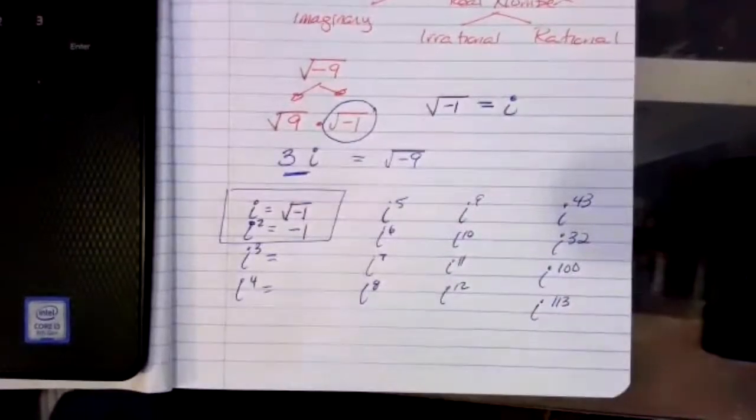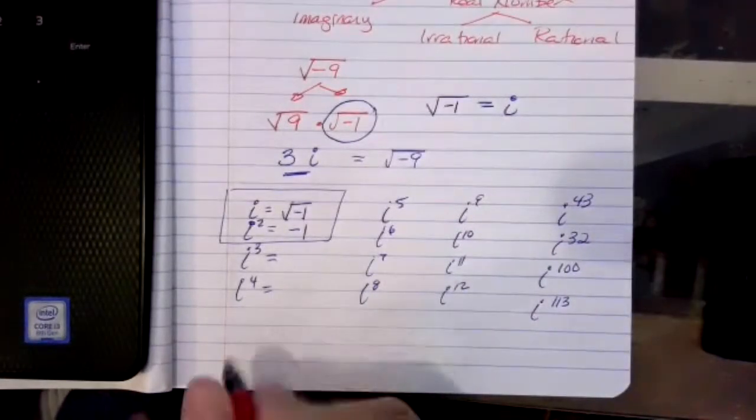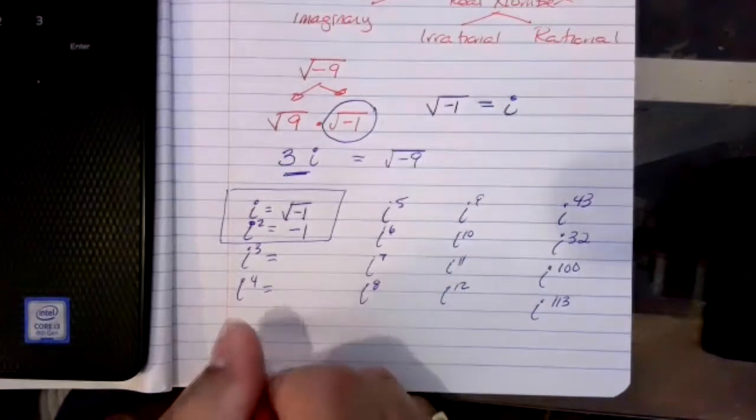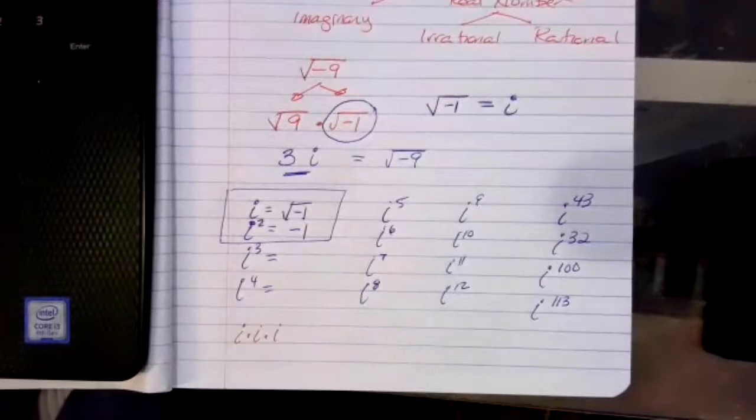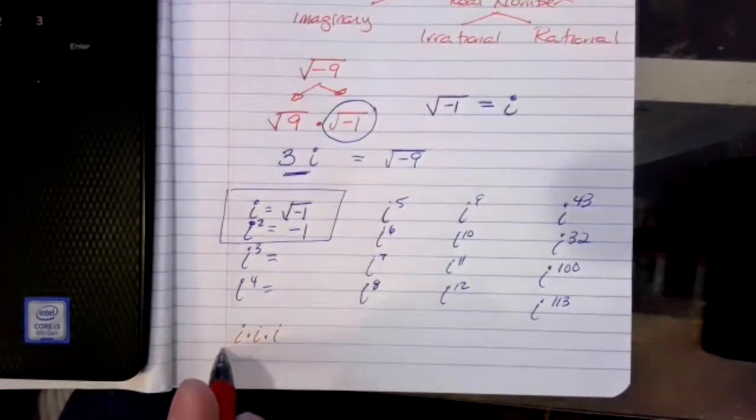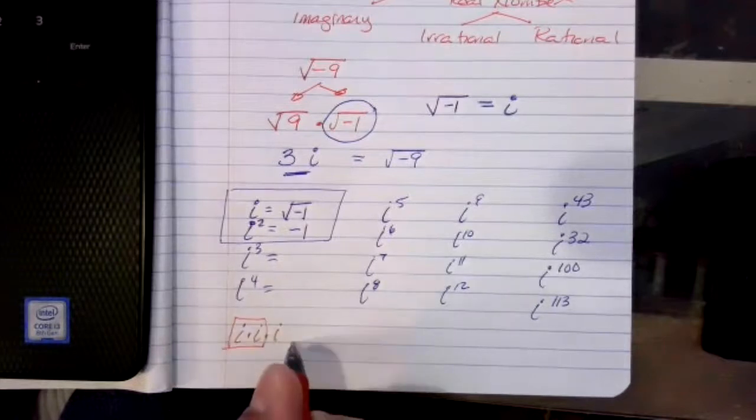i to the third would be i times i times i, or we could say it would be i squared times i. And i squared is negative 1, times i.